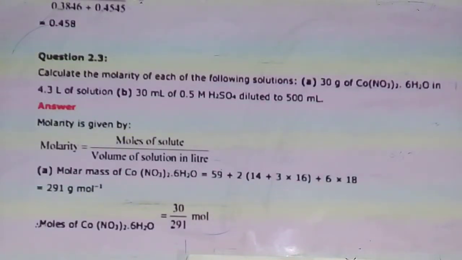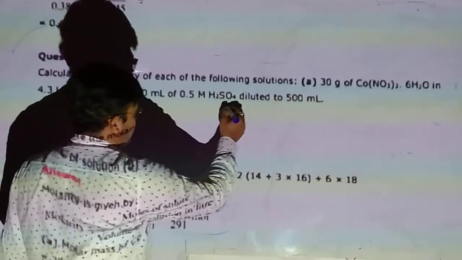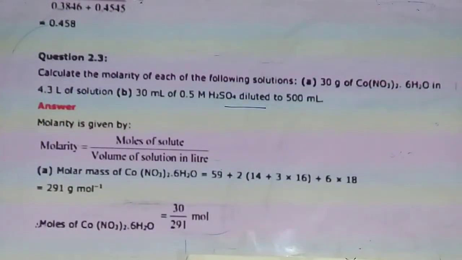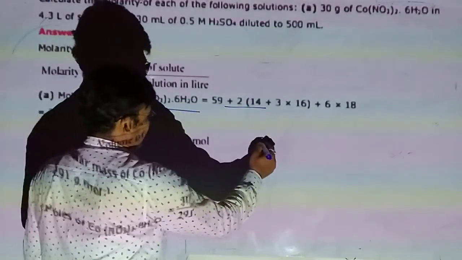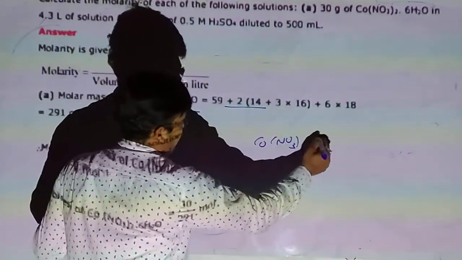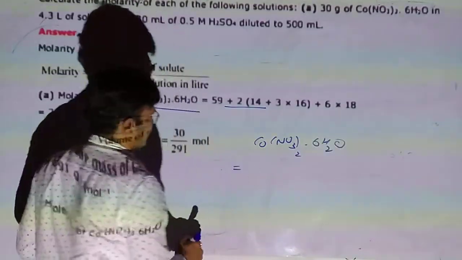Now question 2.3. Calculate the molarity of each of the following solutions. 30 gram of cobalt nitrate, 6H2O, in 4.3 liter solution. And 30 milli of 0.5 molarity solution diluted to 500 milli. Molarity is given by mole of solute upon volume of solution in liter. So molar mass of cobalt nitrate, hydrated cobalt nitrate, Co(NO3)2 into 6H2O.